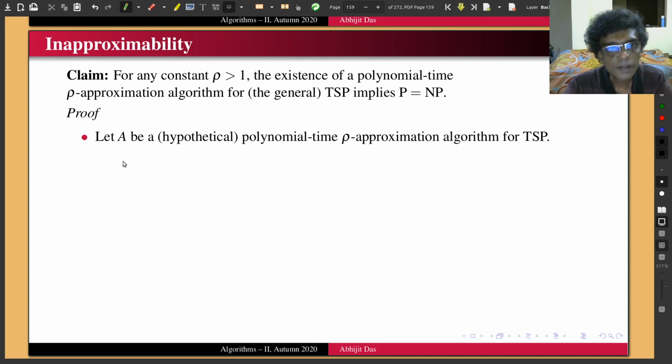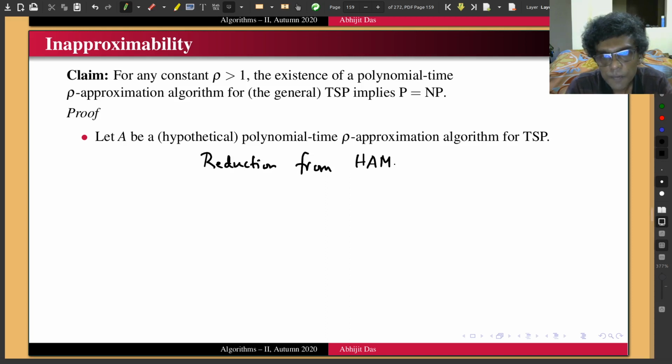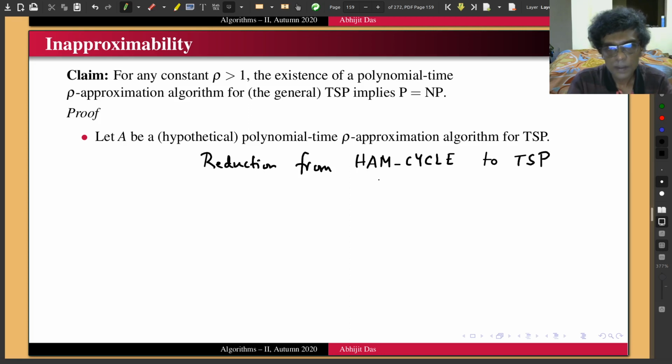So, I essentially make a reduction from the Ham cycle problem in some graph to TSP. Okay. So, how does this reduction work? Let us see.